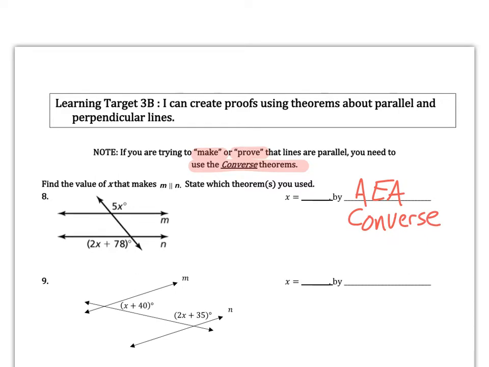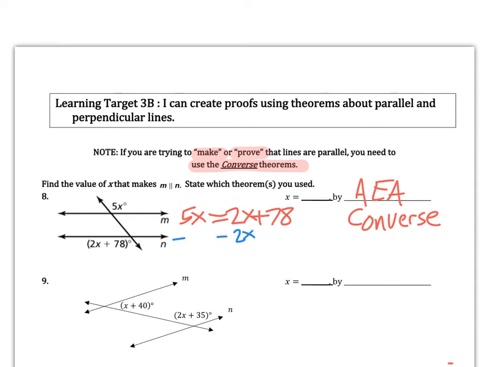Little twist there. So we're going to make the lines parallel, so we need to use the converse. And so again, if 5x equals 2x plus 78, then we'd have parallel lines. We want to make them parallel. That's the idea.